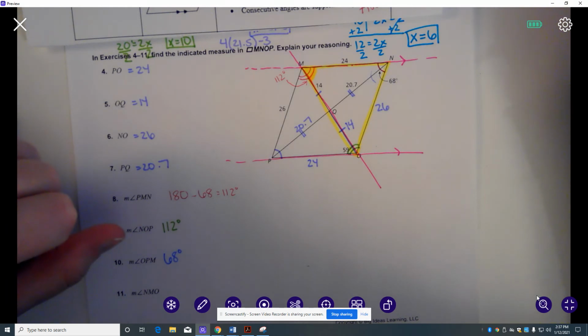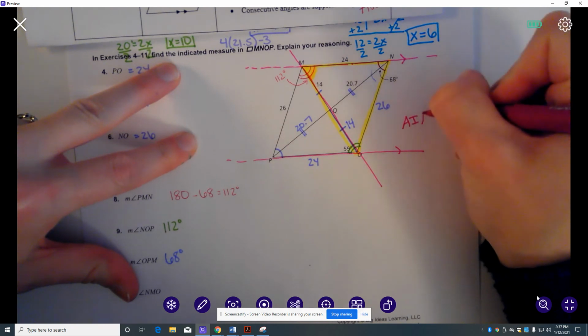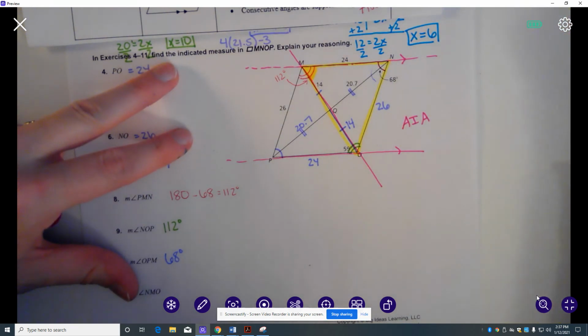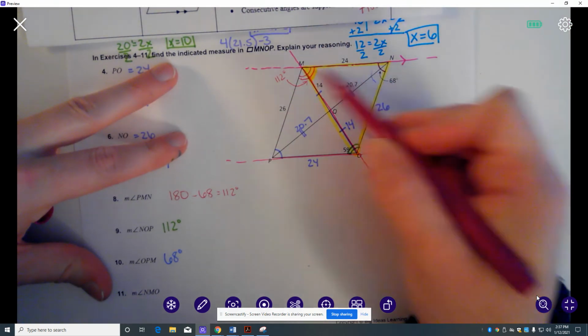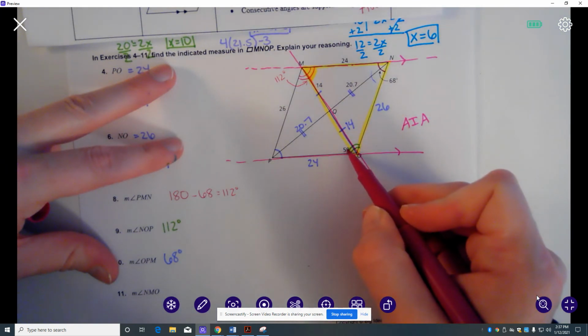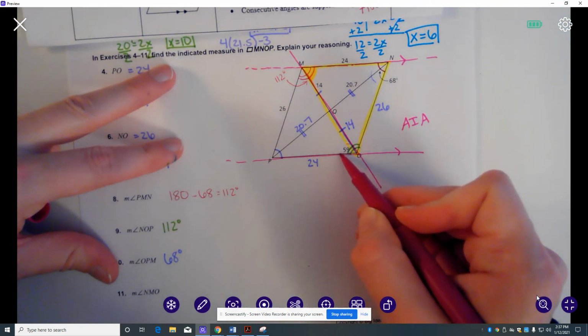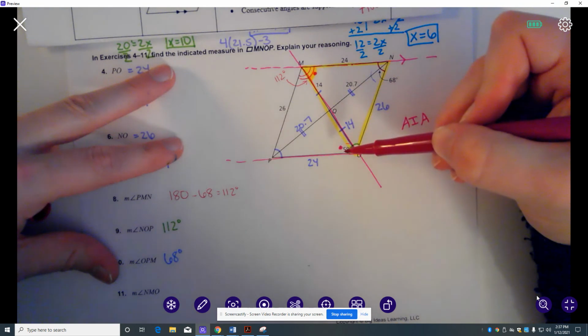One of those special types of angle pairs were alternate interior angles. I see that this angle here, angle NMO, that I highlighted in yellow, is an alternate interior angle with this 59-degree angle. So this angle and this angle are alternate interior angles.